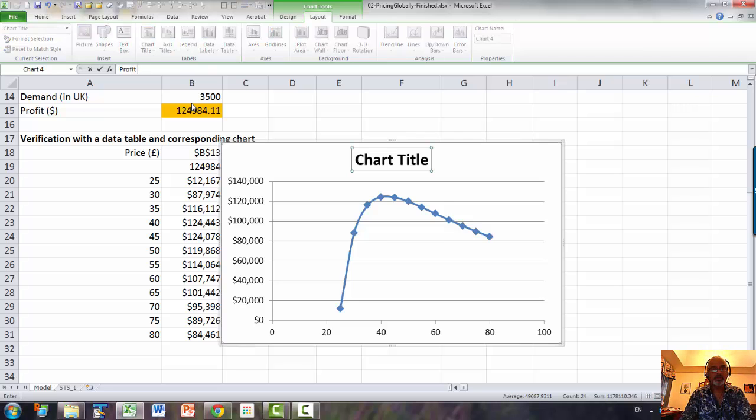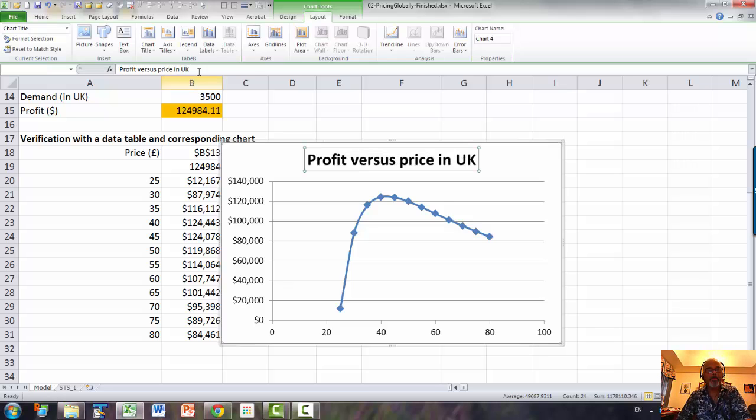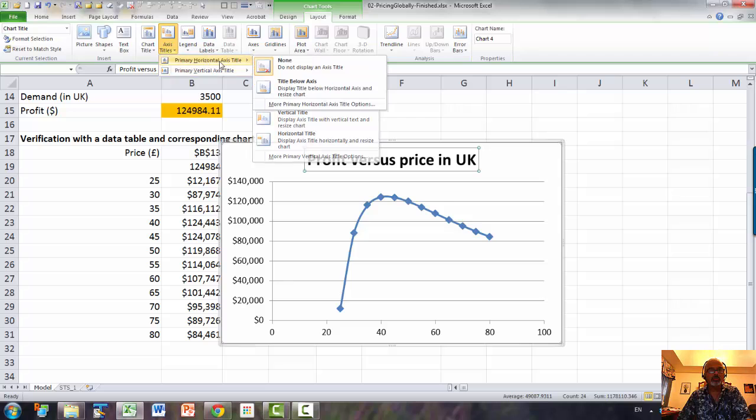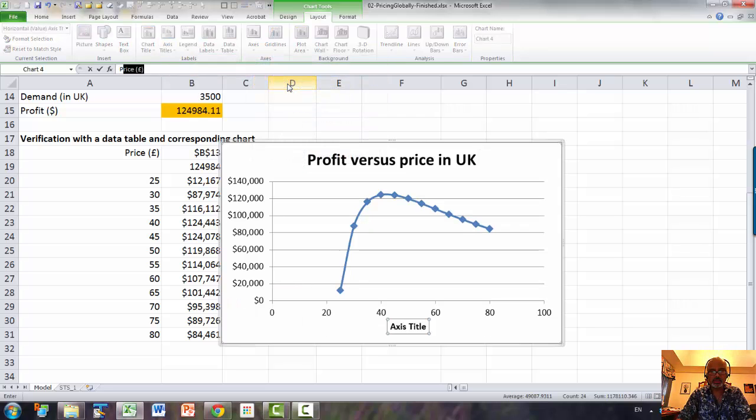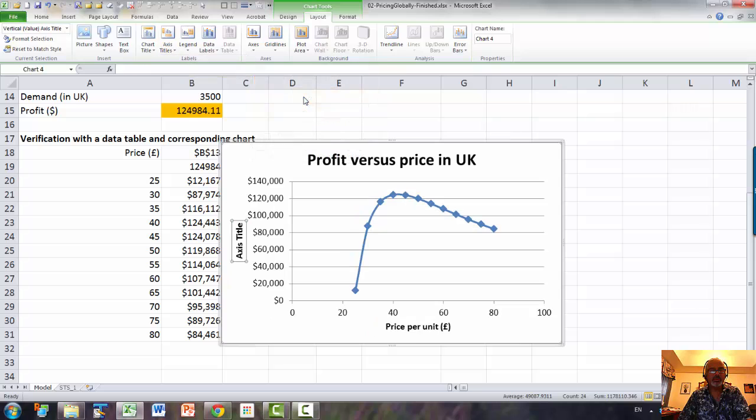Profit versus price in UK. Horizontal axis is price per unit. Okay, and that's in pounds. Vertical axis is profit, and that's in dollars.